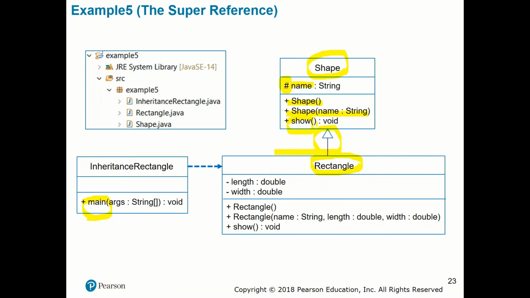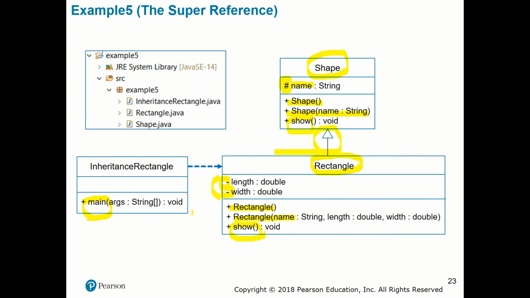And in the rectangle class, there are two members that are both private members, two constructors, and a show method. See, the show method is in the shape class and also in the rectangle class. So it's like the rectangle class has two show methods, one for itself and one from the parent.